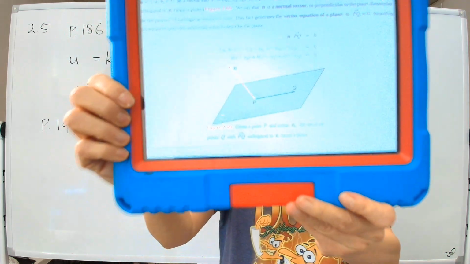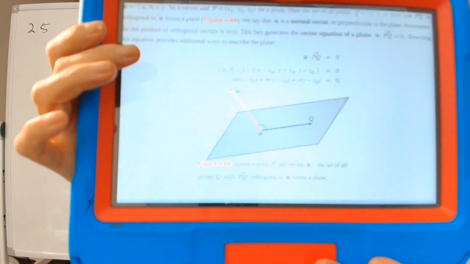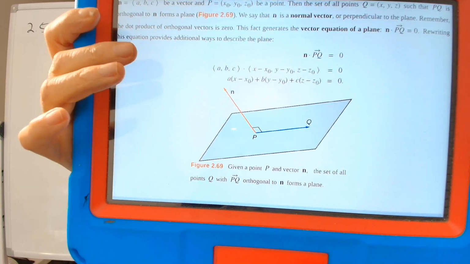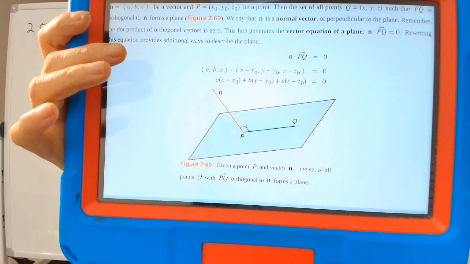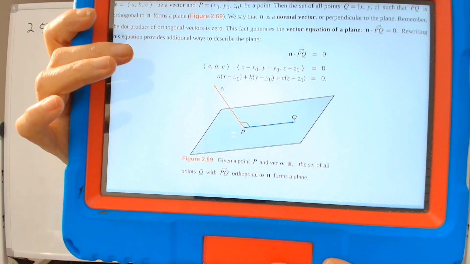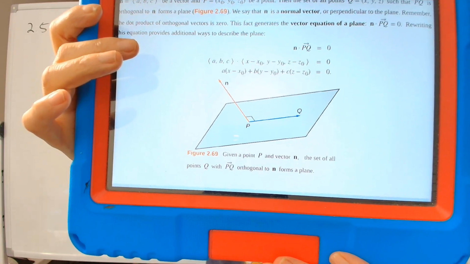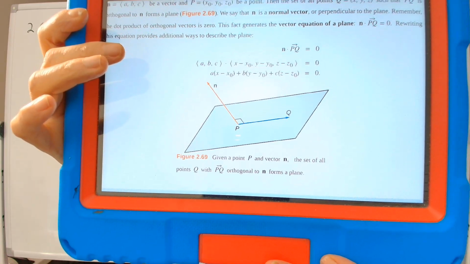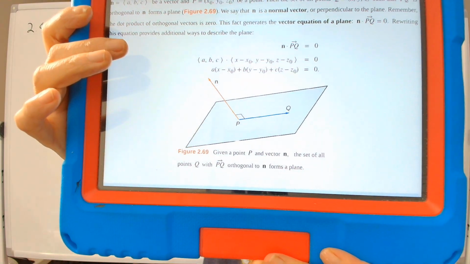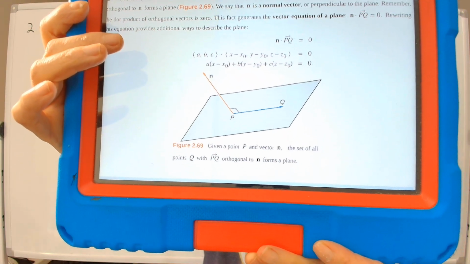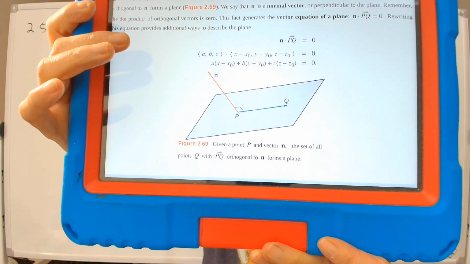So the equation of the plane is given by n dot PQ equal to 0. What's n? n is just ABC, okay? And then P is x0, y0, z0. That's P, a fixed point, where n is perpendicular to the plane. And then Q is any other point on the plane.